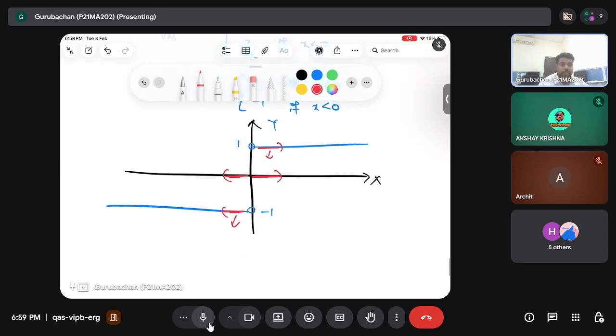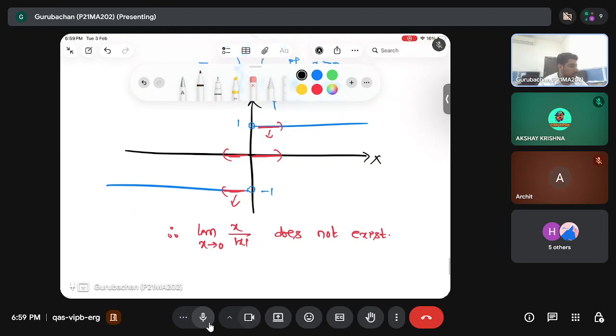Thus there is no existence of a unique limit. Therefore we can say that limit x tending to 0 of x by mod x does not exist. Any doubt?